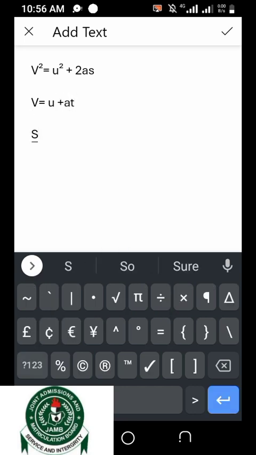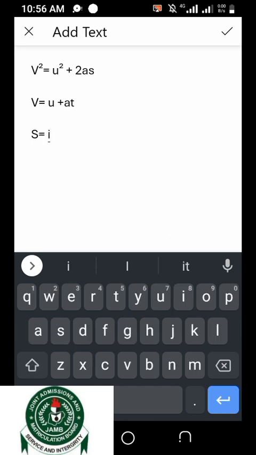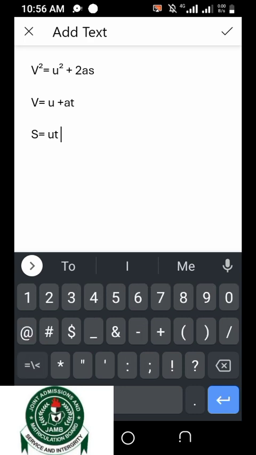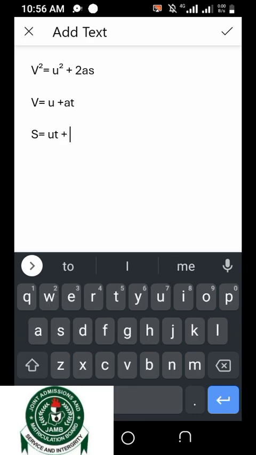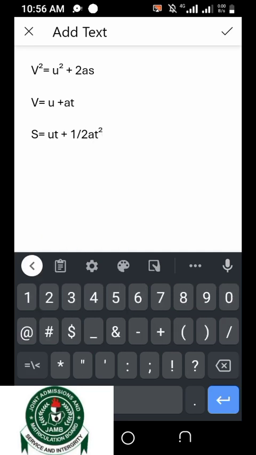You also have this formula. x is equal to ut plus 1 over 2 at squared. So these are some equations of motion formulas, right?